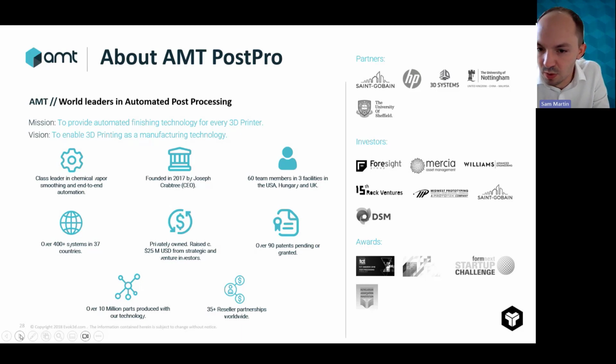We were founded in 2017 as a global leader for automated post-processing solutions. Our aim is to provide an automated finish for every 3D printer material and have a viable manufacturing technology for all. As a company, we have over 60 employees spread across the US, Hungary, and the UK, and we have more than 400 systems installed in 37 countries.